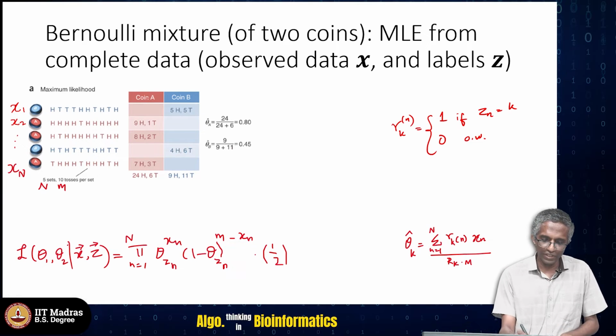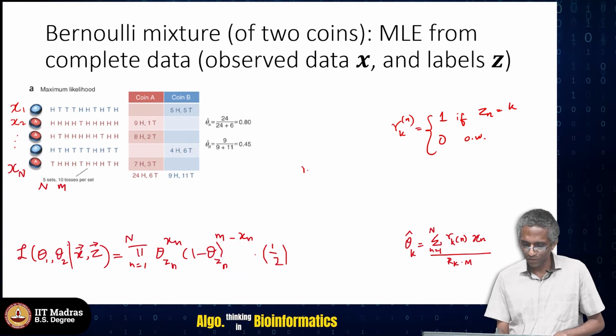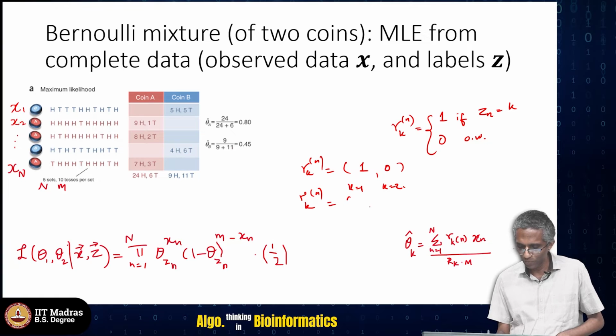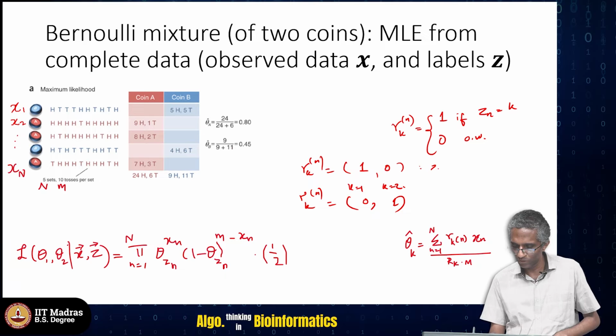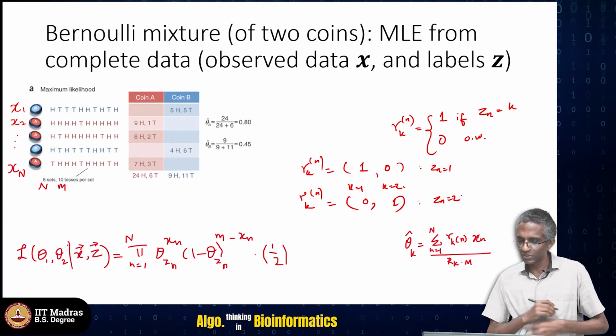So, if coin A was used, then this Rk of n vector across k equal to 1 and k equal to 2 is going to be 1 comma 0, and if coin B was used, it is going to be 0 comma 1. Okay. So, if coin A was used, then you know that Zn equal to 1. If coin B was used, you know that Zn equal to 2, right.